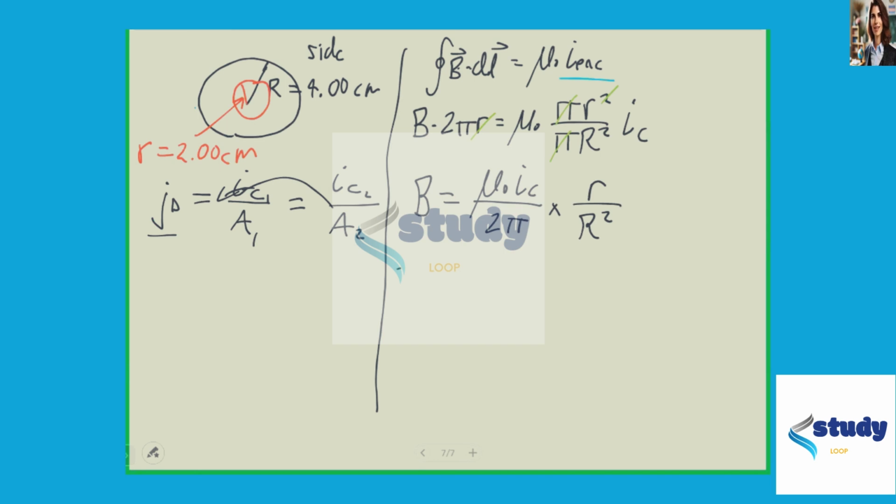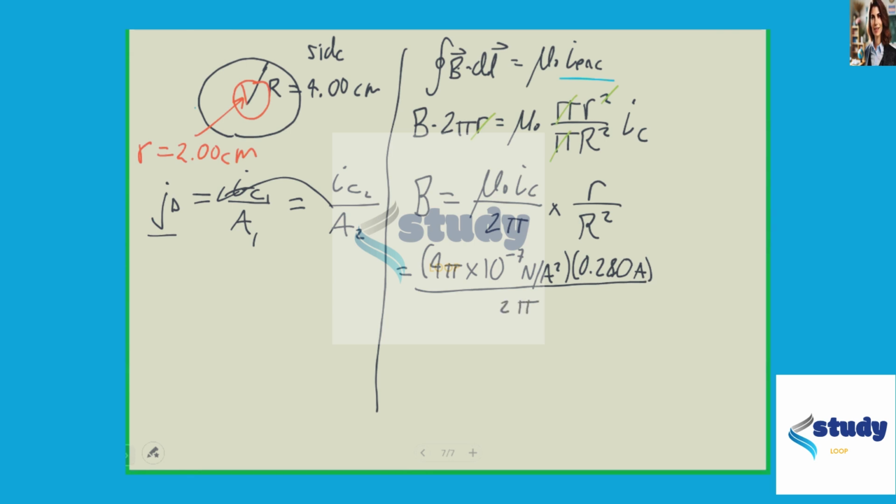And now we can put the numbers in. Mu naught is 4 pi times 10 to the minus 7 newtons per ampere squared. The conduction current was given to us, that's 2.80 amperes. And then we've got a 2 pi downstairs.